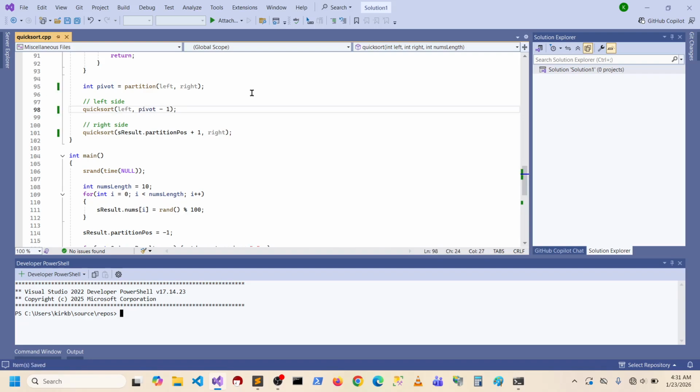If it just did that, now I run into the same problem here. Well, no, I don't, because this is going to be copied, so we're not changing that. So pivot -1, and then the start would be pivot +1. Like that.